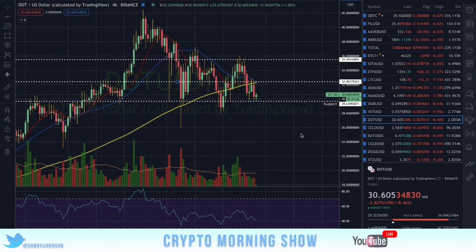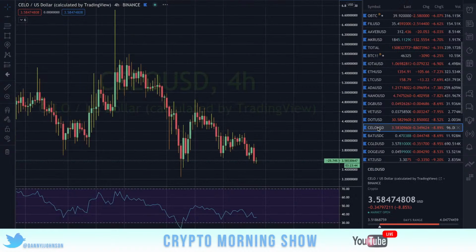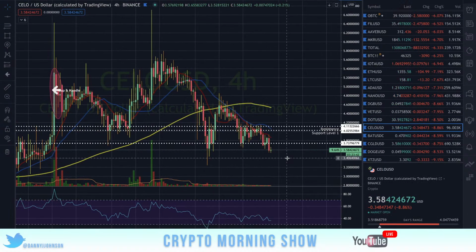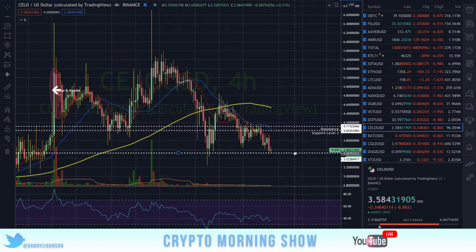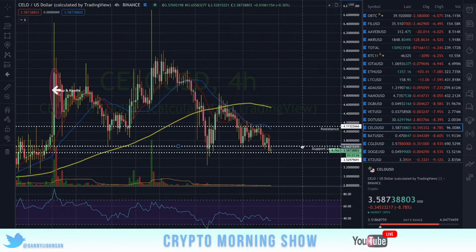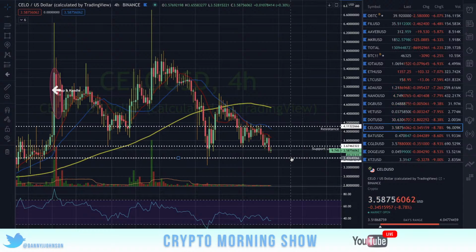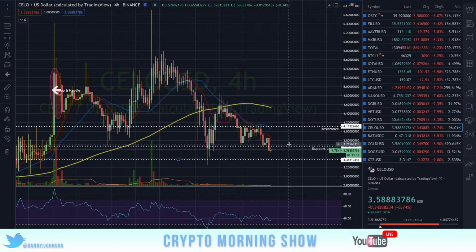All right, moving on to CELO. CELO, we are down right at the 9% level, trying to hold support down here at the 3.51. And let's move these around and get you in line. We'll put a secondary support level. There we go.